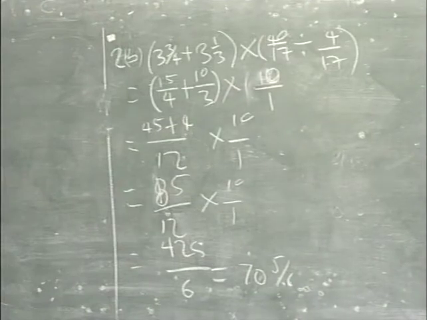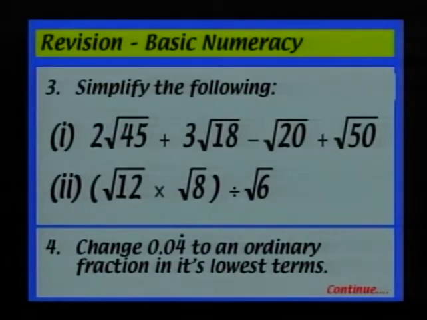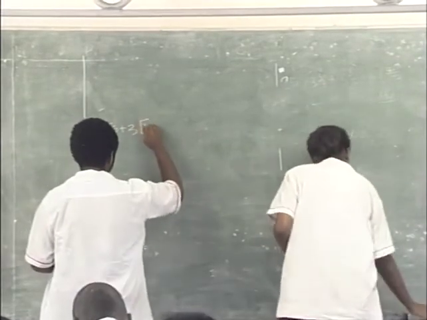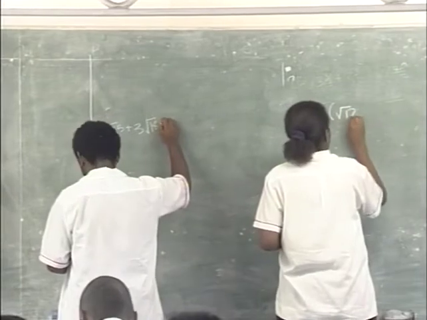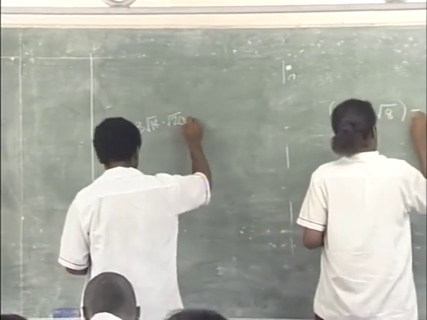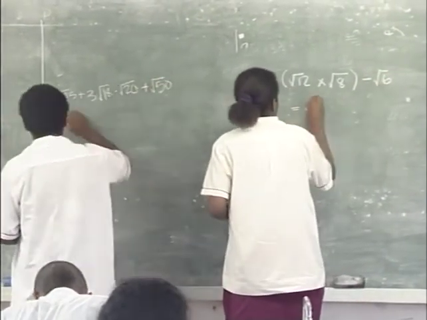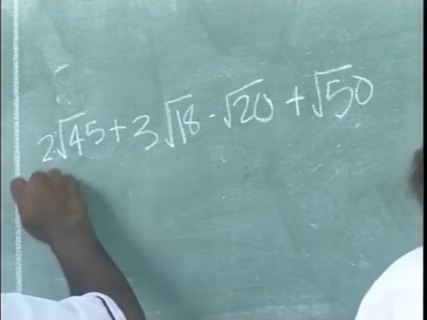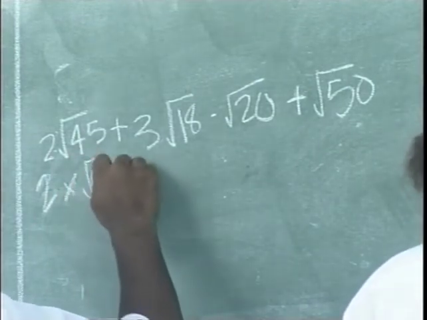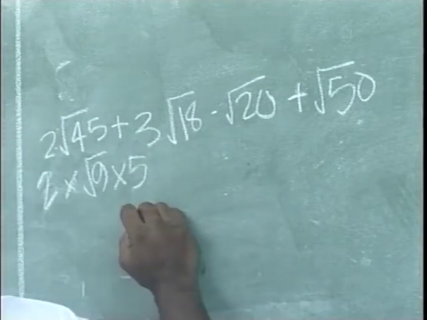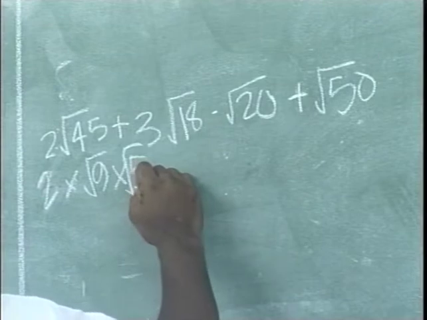Okay, number 3, 1 and 2, quickly. Is that number 3?